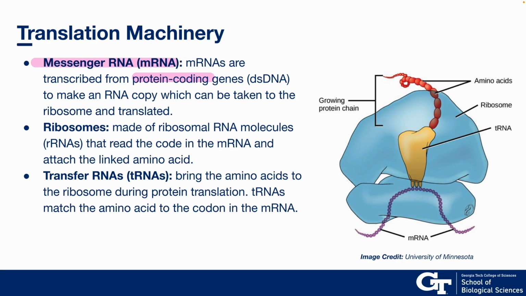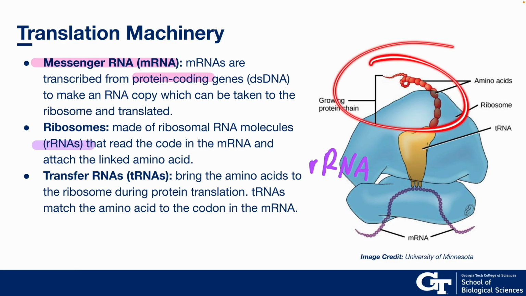Well, what actually happens in the ribosome? The ribosome itself is made up of rRNA. The ribosomes bind to the mRNA, and they make the protein chain. So we have our mRNA, which codes for the proteins. It comes to the ribosome, which is made up of rRNA, and we get this chain of proteins being built.